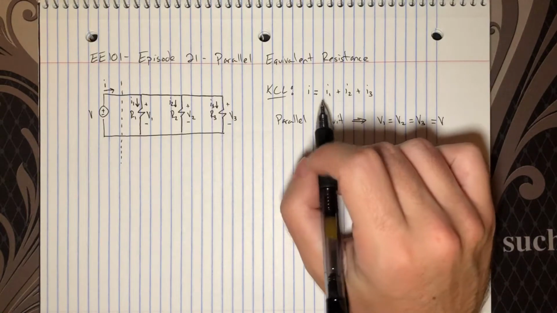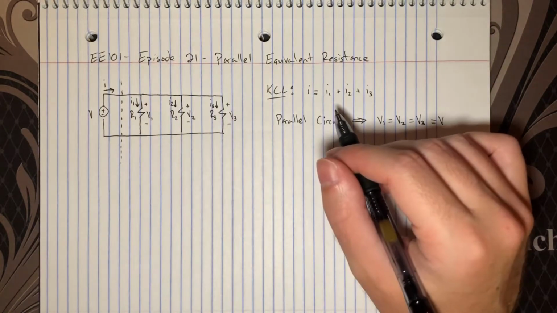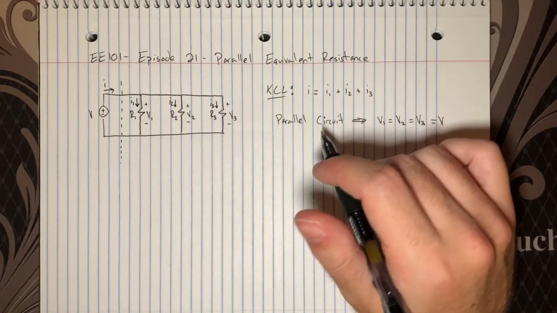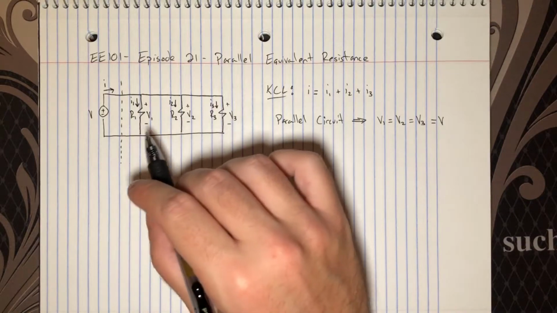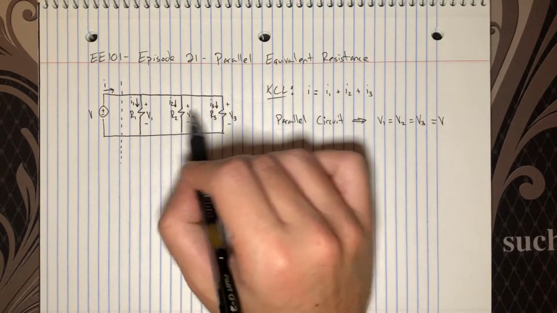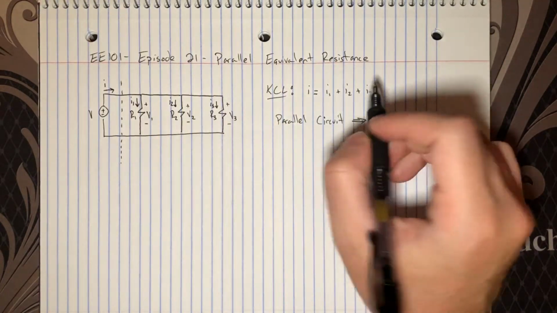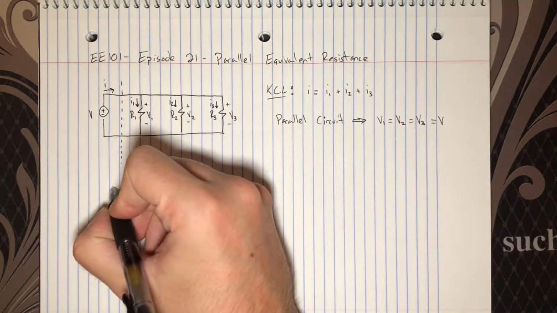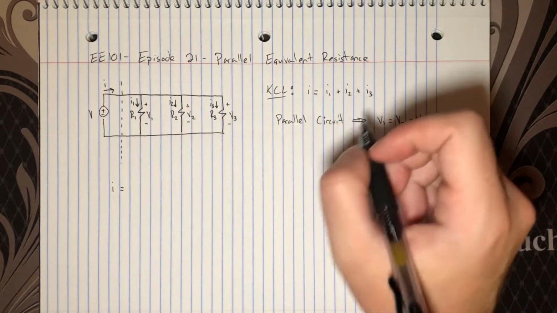So we're looking for an equivalent resistance here, so it's probably in our best interest to try and express the relationships we know in terms of these resistances, because I want an equivalent resistance that's a function of all these parallel resistances. So I'm going to go ahead and apply Ohm's law to my KCL here, and that's going to allow me to transform this into a function of voltages and currents.